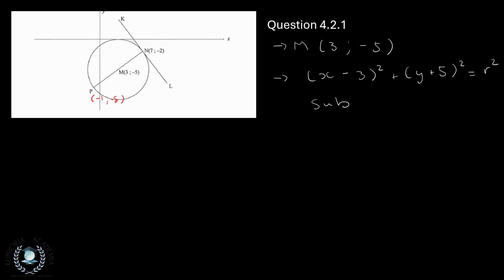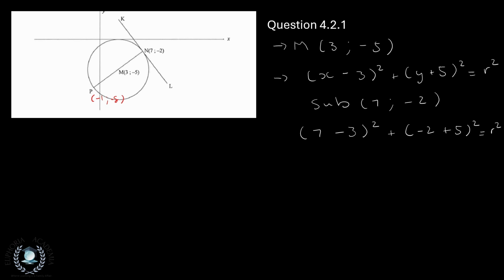We already have P, we already have N, but for me, I think let's just see what N has for us. It doesn't matter which one you substitute, you're going to arrive at the same answer. Now, when we substitute, we're going to put x equals 7, and we're going to put it there. And yeah, let's just substitute, honestly. Is equal to r squared.